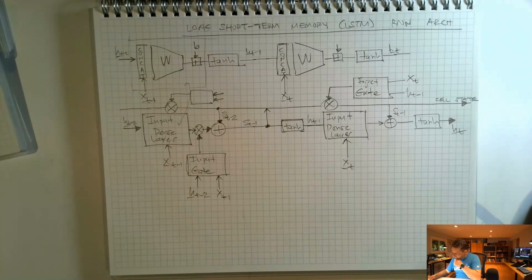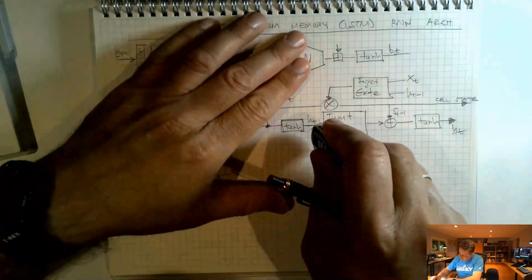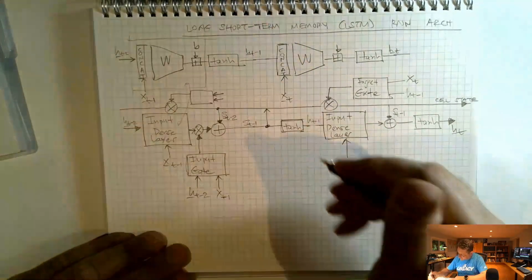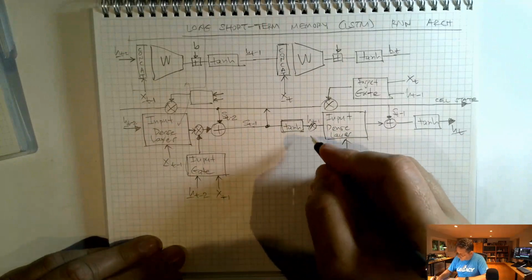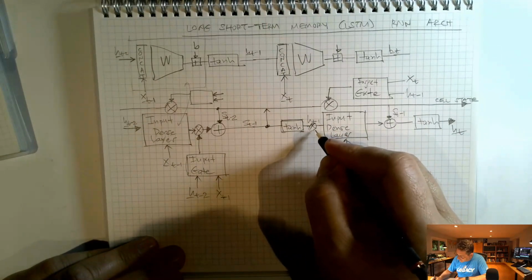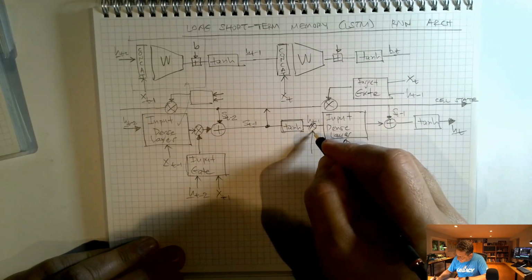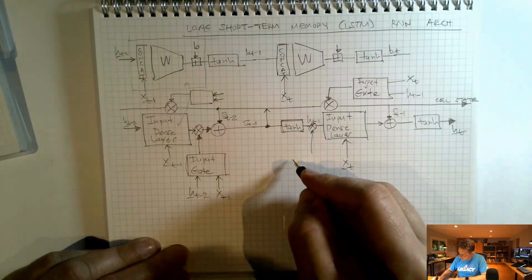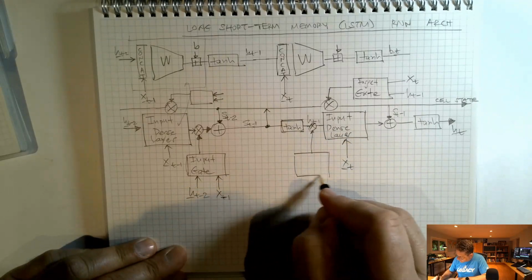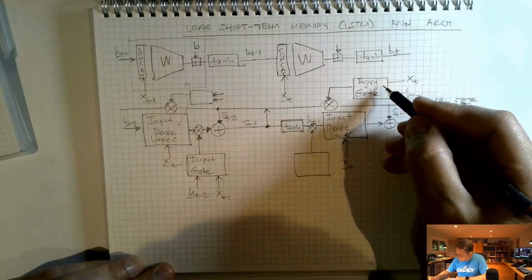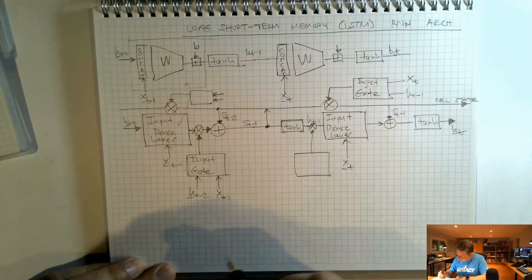So what we will do now is add a multiplier right here. So ht minus 1 is obtained after this multiplication with, again, these multiplications are the so-called Hadamard multiplications, or element by element multiplications.